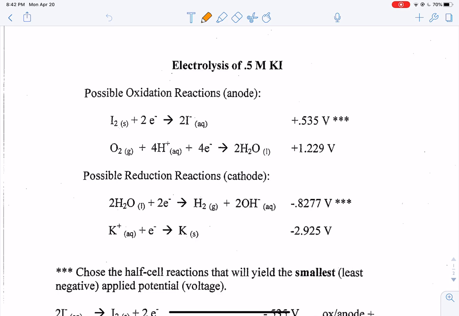There are three kinds of electrolysis. The electrolysis of pure water, 100% water, 0% salt. The electrolysis of pure salt, which won't happen unless it's molten, that is to say, so hot it's liquid form. That would be 100% salt, 0% water.